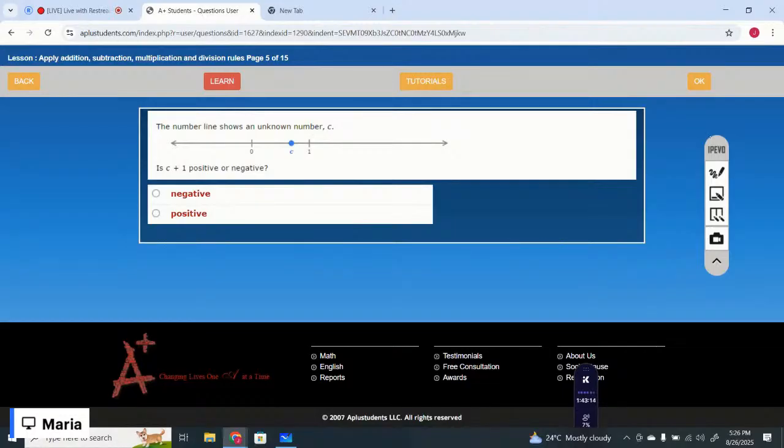The number line shows an unknown number C. Is C plus 1 positive? C is already on the positive side. Option number 2 is the correct option.